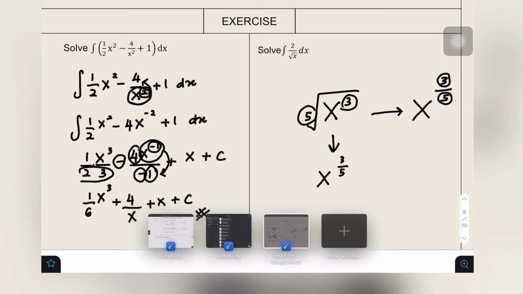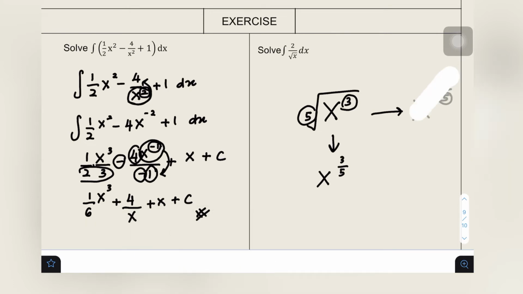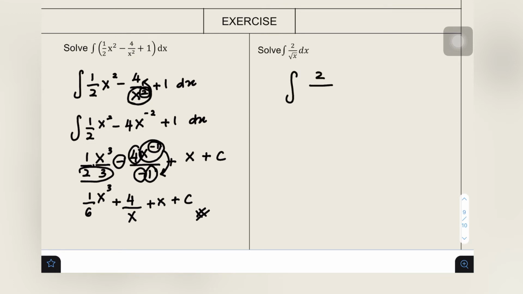Whenever we want to do integration, we need to change the root to become power, and then we can do the process of integration. So now we want to integrate 2 over x to the power of half dx. But remember again, you cannot integrate when your variable is in the denominator.